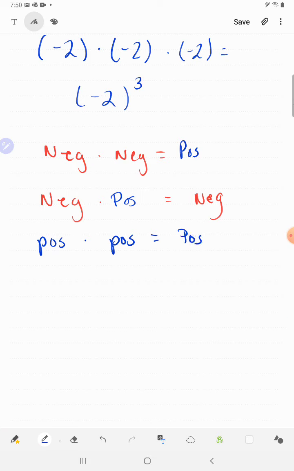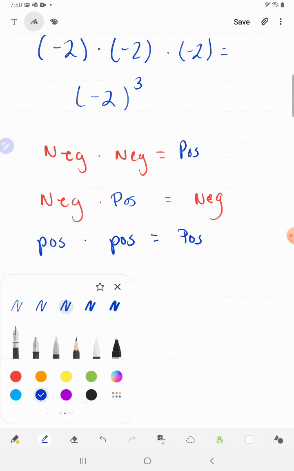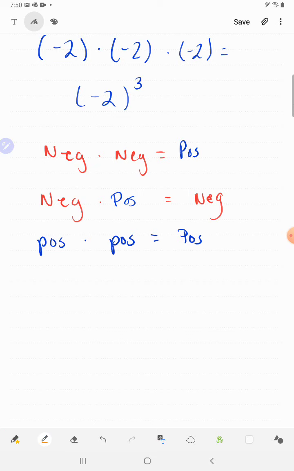So when we look at this problem, I want us to really dive deep into this right quick. We can see that we have a negative times a negative. So automatically, if I have a negative times a negative, this becomes a positive number, right? We don't have to know what the number is. It's just that it's going to be positive because we know from the rule a negative times a negative equals a positive. But I still got one more negative over here.